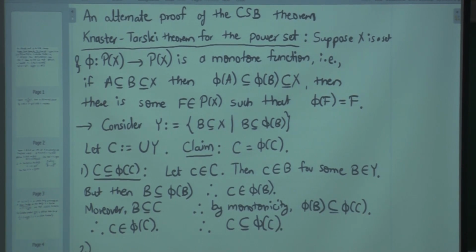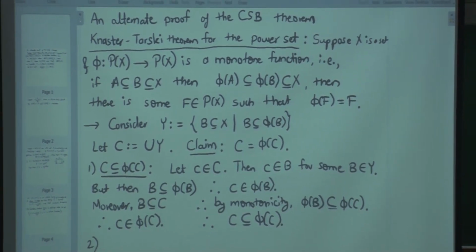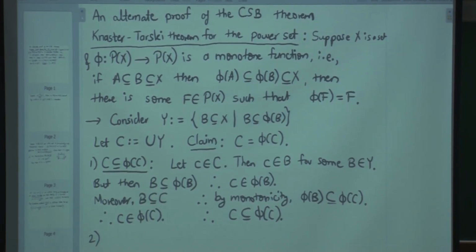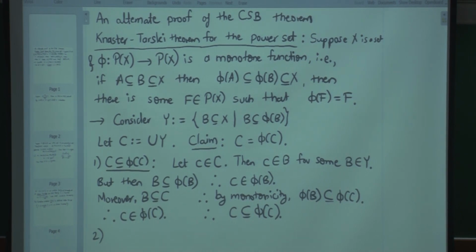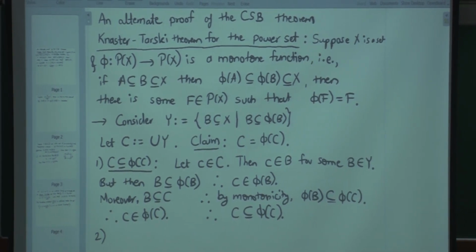What is the second part? We need to show that phi of C is a subset of C. But what is the meaning of being a subset of C? Every element of this is there in the other. But what is C?